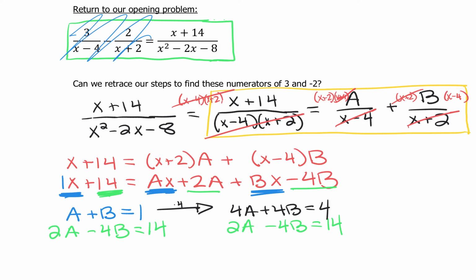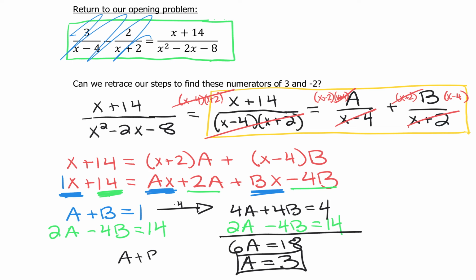So our 4B's will cancel out, and we are going to have 6A equals 18, A as 3. Now, if I know A is 3, and I know A plus B was 1, 3 plus B is 1, B is going to have to be negative 2.